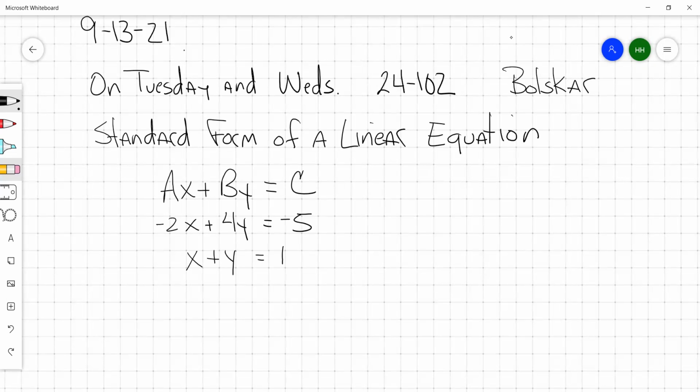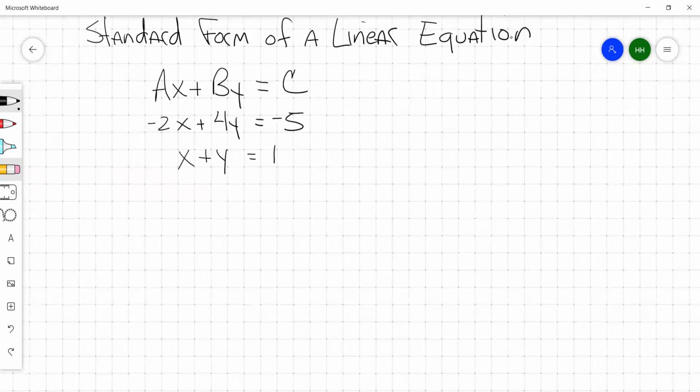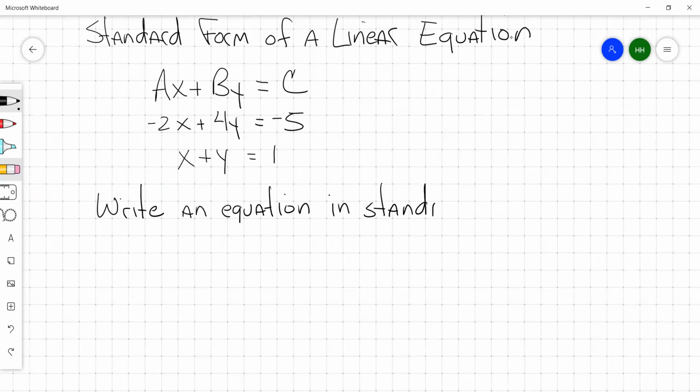All right, so the first part of your assignment today, you're going to be asked to write an equation in standard form with integer coefficients.